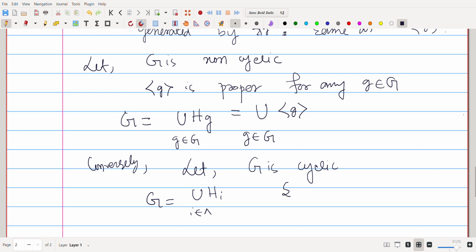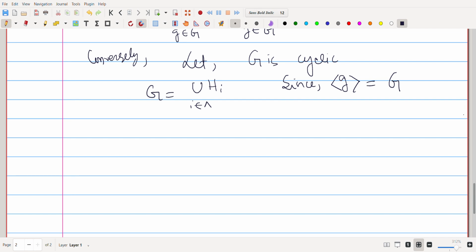Since for some g, the cyclic subgroup generated by g is equal to G, that means g belongs to Hj for some j. Without loss of generality, assume j equal to 1. That means g belongs to H1.